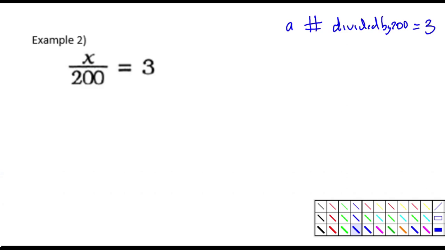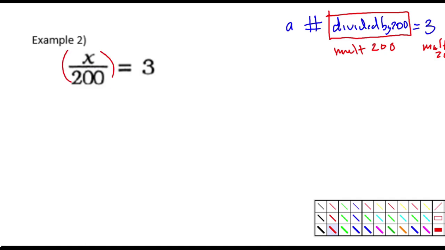Some of you probably know what the answer is right now, but instead of just guessing and checking, let's do the inverse operation. Instead of dividing by 200, what's the inverse operation? How about we multiply both sides of my equation by 200. What do we get?